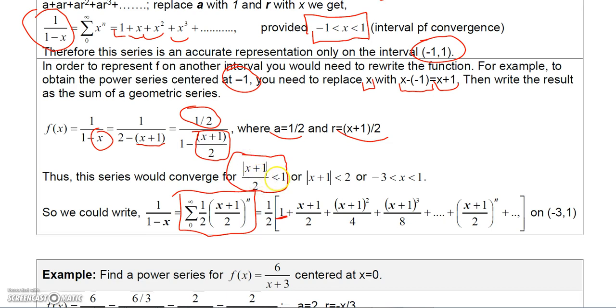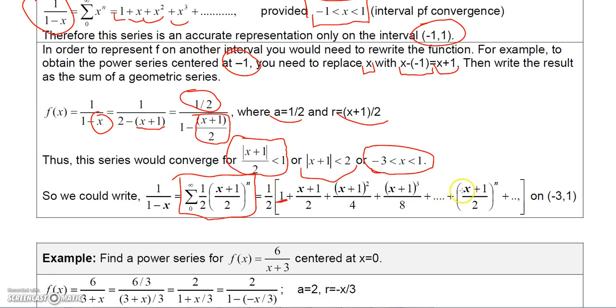Then I can solve that algebraically: multiply both sides by 2, and I get the absolute value of x plus 1 is less than 2, and then solve that absolute value inequality, and you get -3 to 1. I didn't check the endpoints here, but I definitely know that I can represent this function as this series, and it's going to be accurate within the interval from -3 to 1.